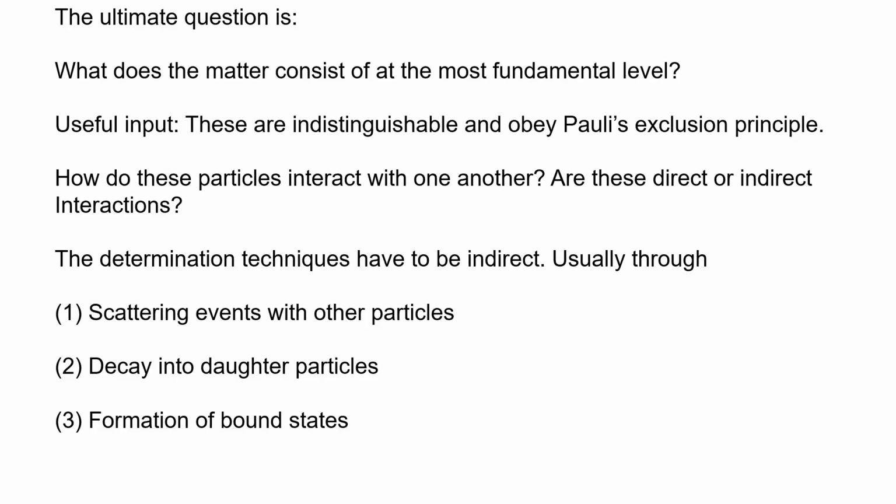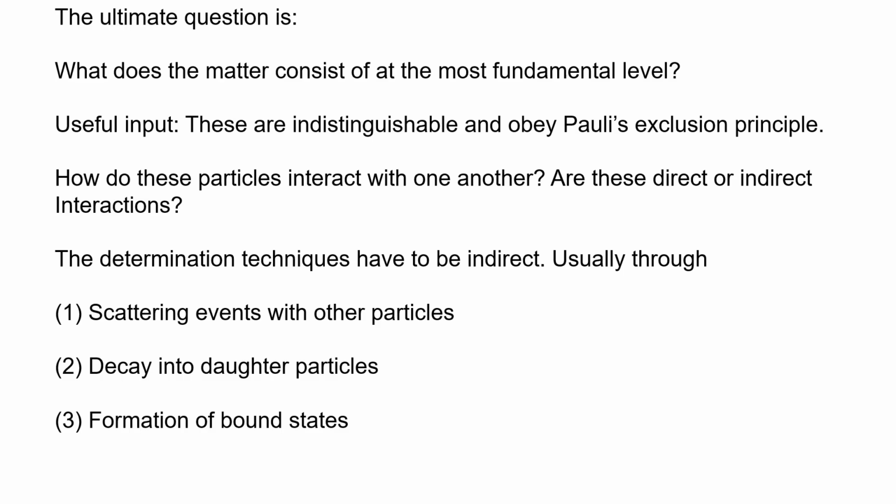And the determination techniques have to be indirect, because if you try to go for a direct measurement, you would actually disturb the state of the particle, and that would not be acceptable. So, in probing the interaction, the nature of the particles, the symmetry that they go through, or the decay of these particles, we have to look at scattering events with other particles.